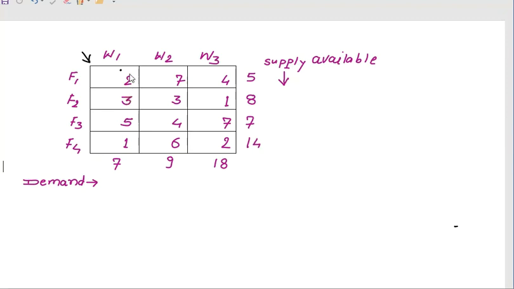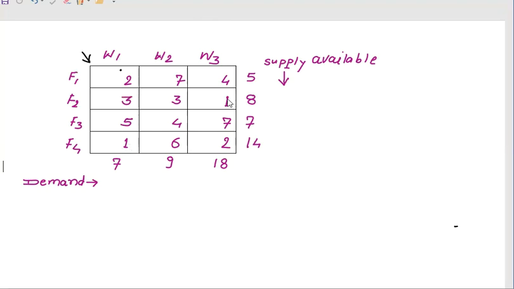These numbers are the costs of transporting 1 unit of goods from these factories to these warehouses. Let us find initial feasible solution by northwest corner rule. So we begin with the cell 1, 1, that is the northwest corner.